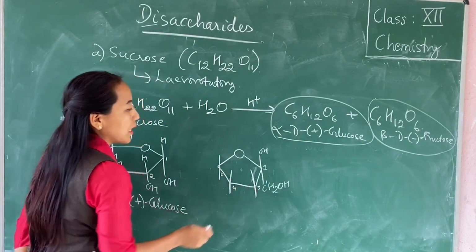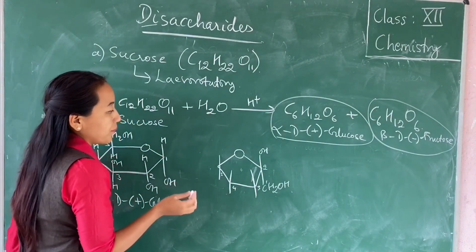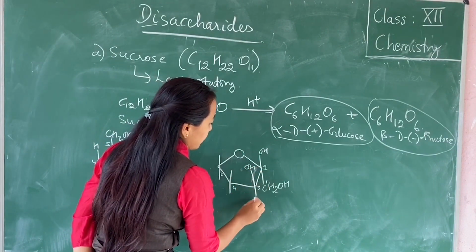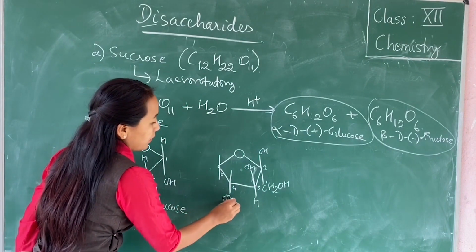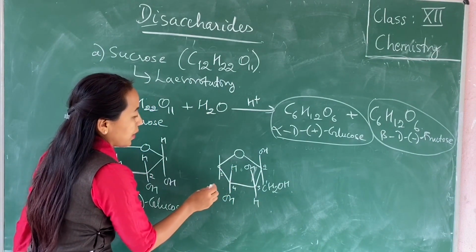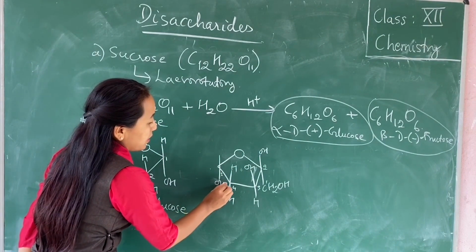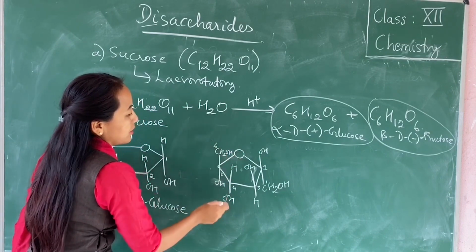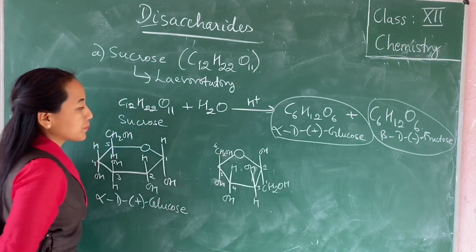On the third carbon again, OH is on the left hand side, therefore it will come on the top, and then your hydrogen. On the fourth carbon atom, OH is on the right, therefore at the bottom, and hydrogen. On the fifth carbon atom, you have OH on the right, and then your CH2OH, which is the sixth carbon atom. So 1, 2, 3, 4, 5, 6.